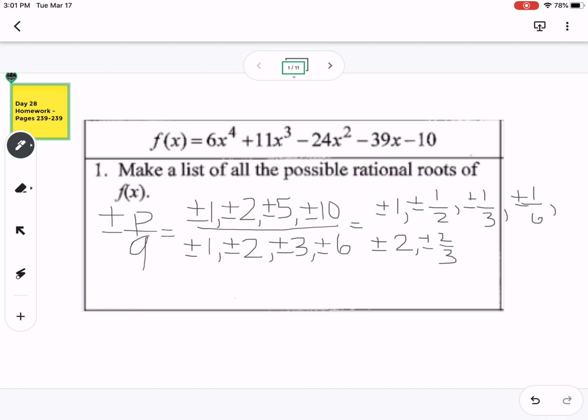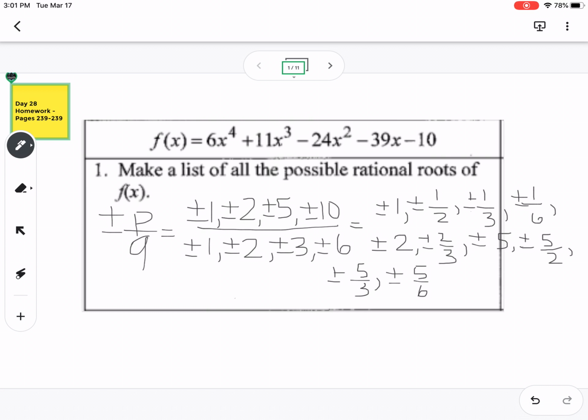Plus or minus 5, because we already had 1/3 from 2 over 6, and then plus or minus 5, plus or minus 5/2, plus or minus 5/3, plus or minus 5/6.